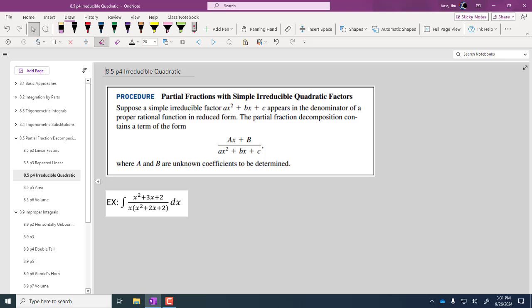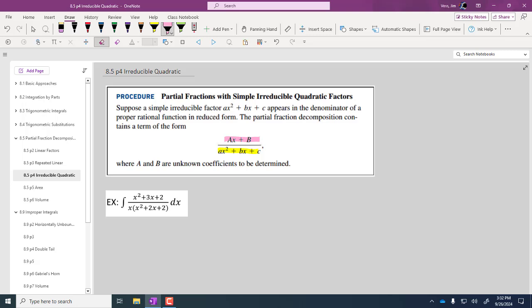So here is the big difference. When our denominator is an irreducible quadratic, the numerator is linear, instead of just a constant. Up until this moment, our factors in the denominator were always linear, and we put a constant in the numerator, even when we did the repeated factors.